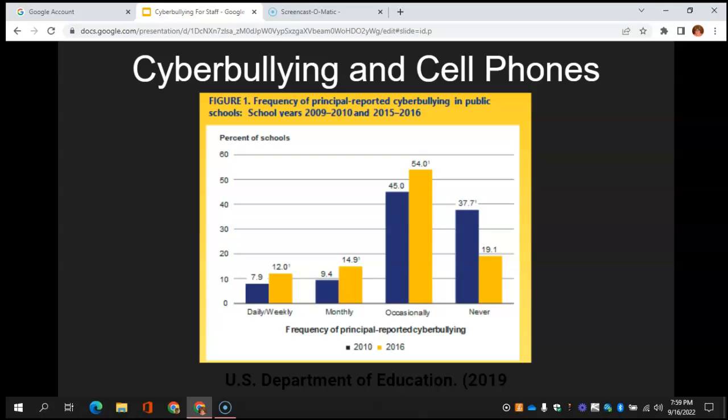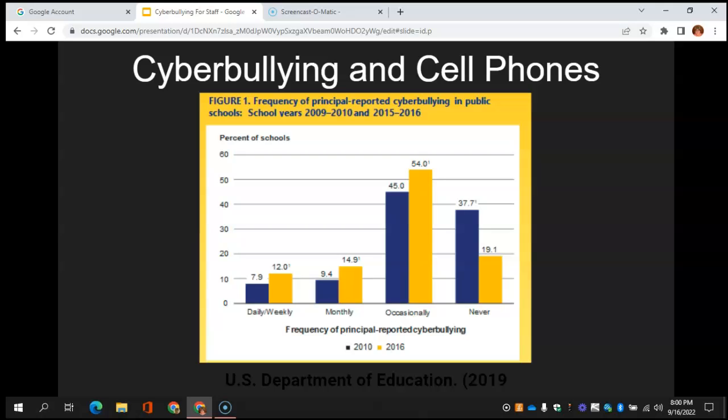This was a study that found the frequency of principal-reported cyberbullying in public schools. And so you can see in 2010 is the blue line, and then in 2016. And this is through the Department of Education, and so this was the most current information available.